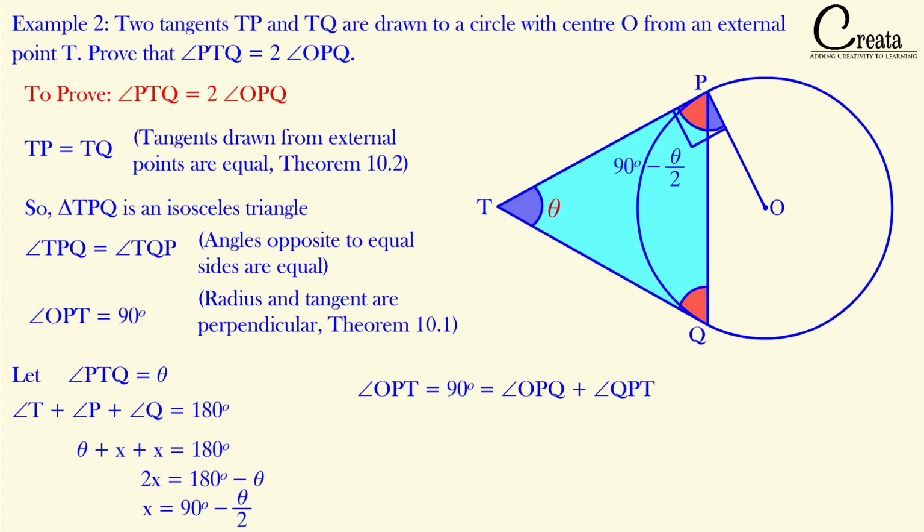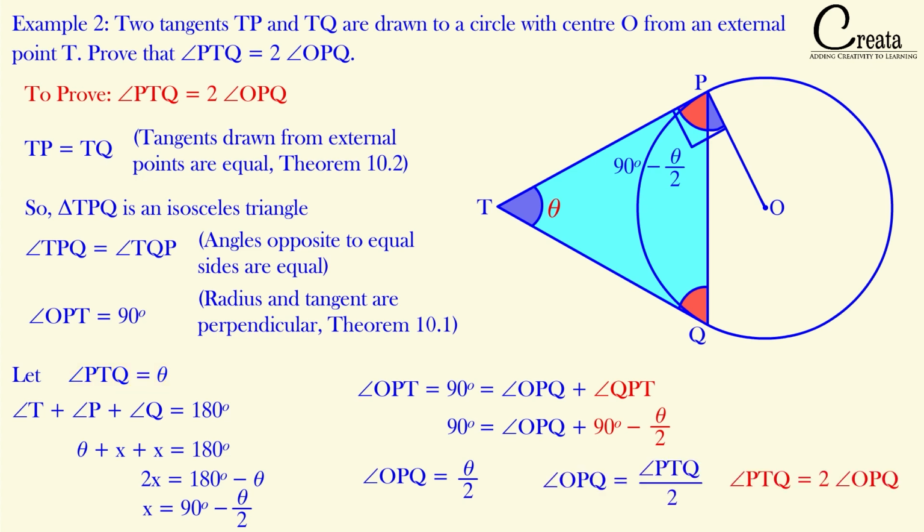And just now we have calculated the angle QPT as 90 degrees minus theta by 2. Let's put it. We got angle OPQ is equal to theta by 2. And in the starting of the lecture, we have assumed angle PTQ as theta. Let's put it. We got our answer, that is angle PTQ is equal to twice of angle OPQ.